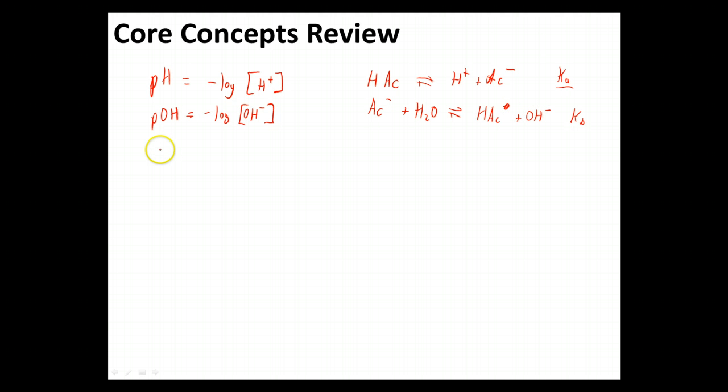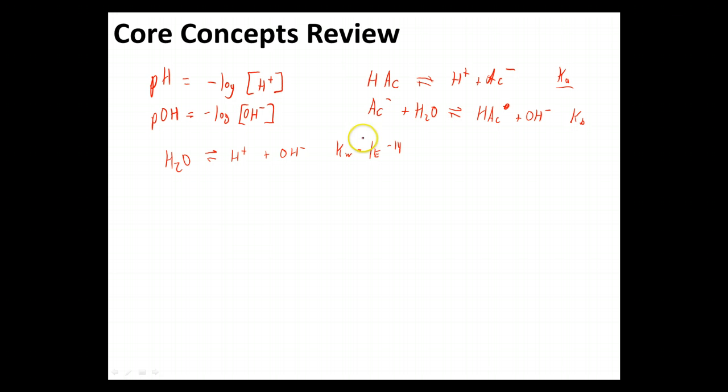Now, also let's consider what's happening in our water. Water can autoionize, or autodissociate, however you want to think of that, into H plus and OH minus. We have an equilibrium constant for that we have pretty well memorized, and we say that that's going to be 1 times 10 to the negative 14.